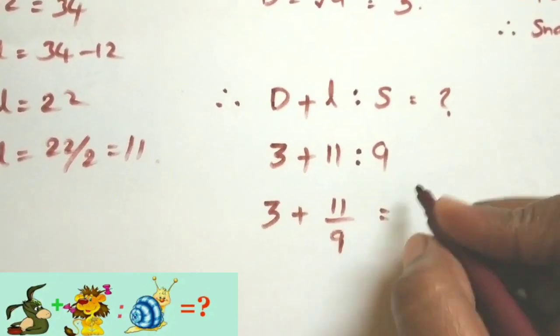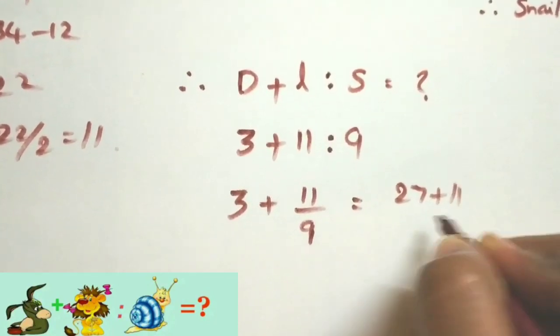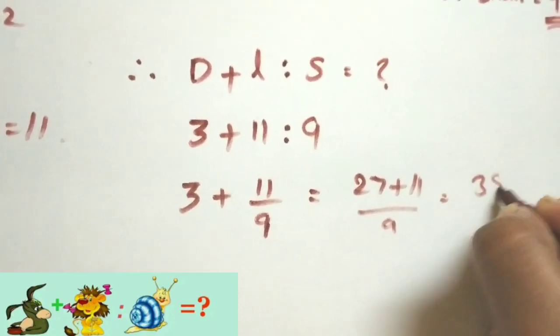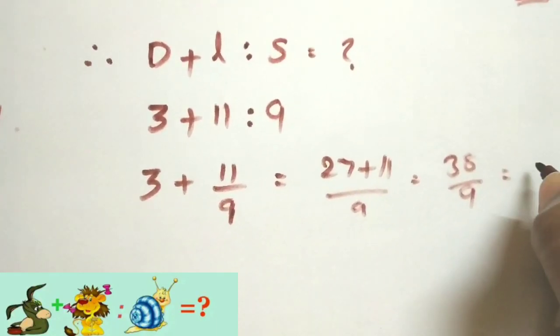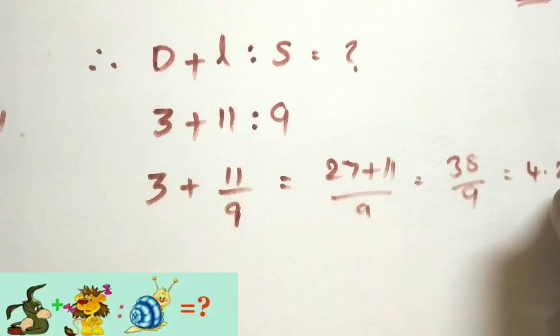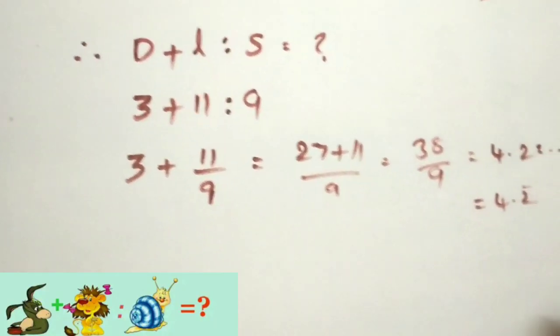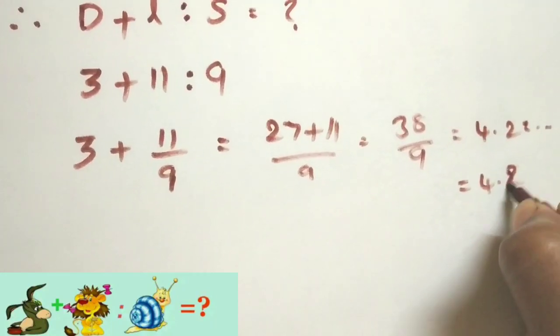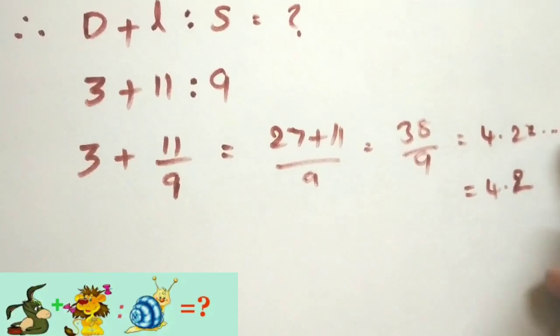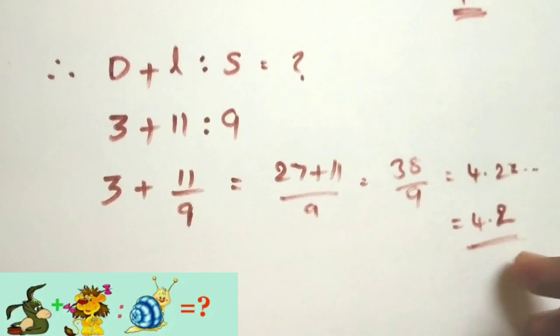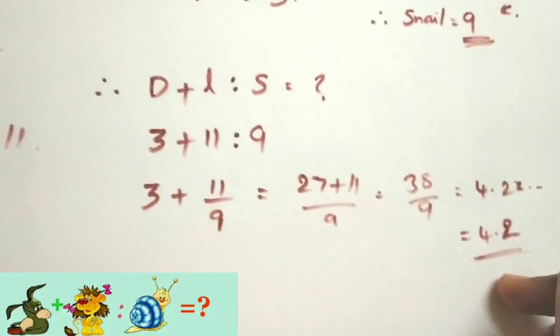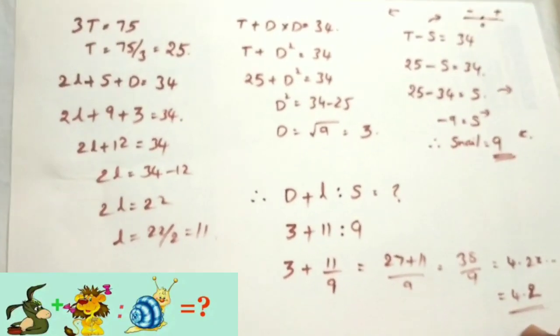Now simplify this one. 27 plus 11 by 9, that is 38 by 9, that is equal to 4.222 like that. So we take 4.2 exactly. It is not more than 5, no? So you should take only 4.2. Just rounding off, 4.2 is the value of the answer for this puzzle.